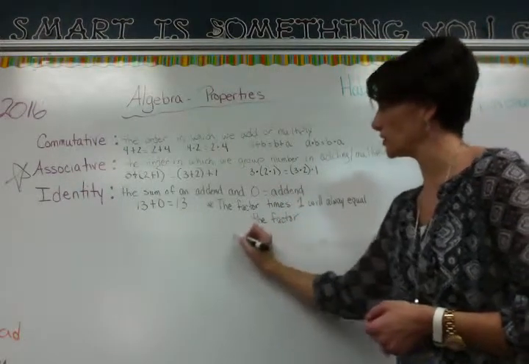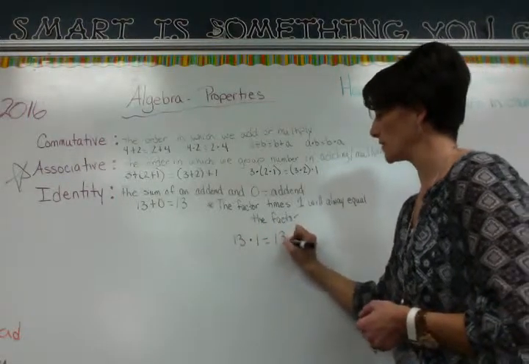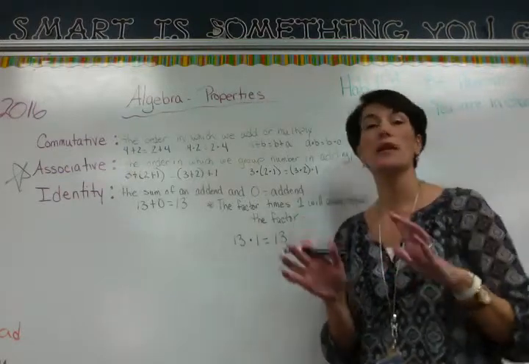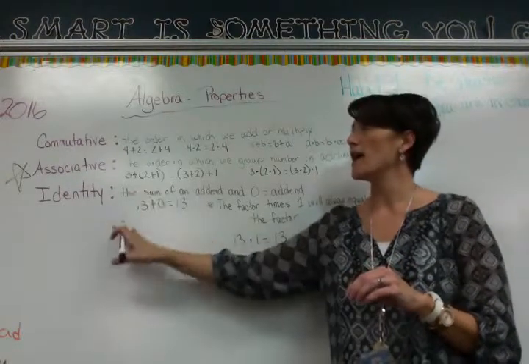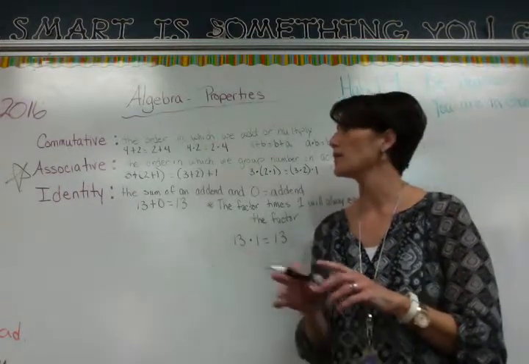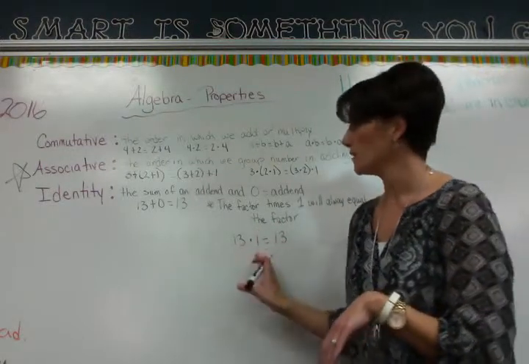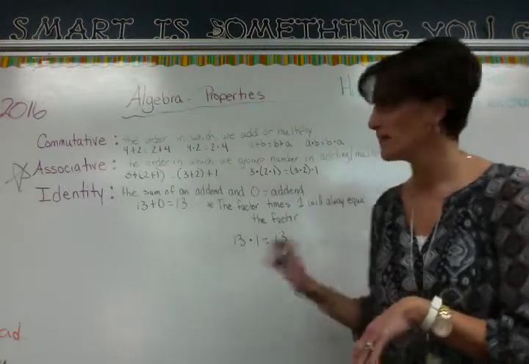And in this case, we'll just do 13 times 1 will always give us that factor of 13. So today, we're going to be looking at two different equations and saying whether they're equivalent or not and what property they're using. So I'm just going to give you a second to finish writing these notes, and I know you'll be writing and making sure you have these in your notebooks in just a second. So let me give you just a second to do that.